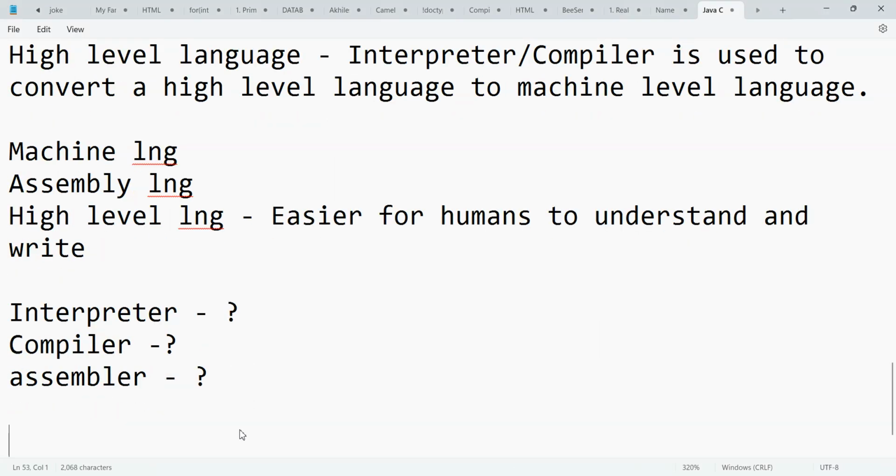Now the next question that might come to your mind is like, to run HTML files we need a web browser. To open a photo or video, we need a photo gallery or different apps we have in our computer.